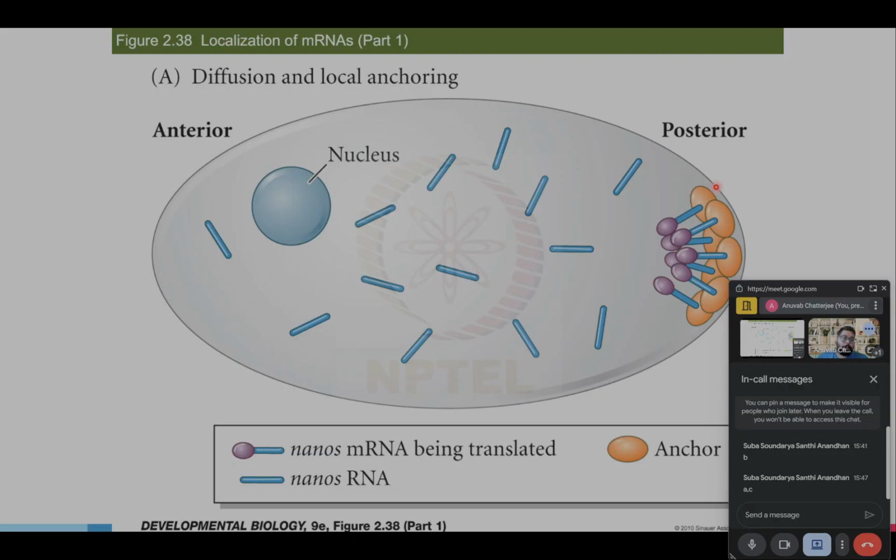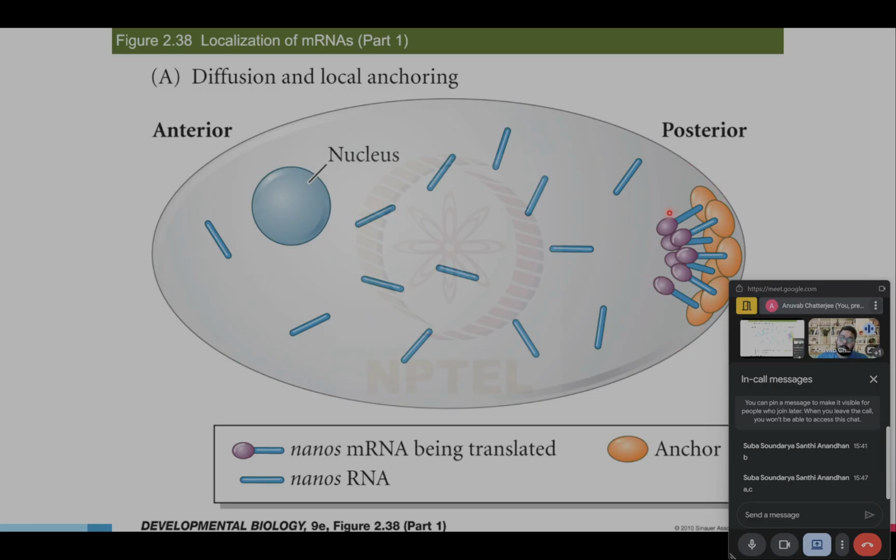But Oskar is another mRNA which is deposited by the nurse cells. It hitches a ride on the cytoskeleton network in the entire oocyte and is first concentrated at the posterior end. Next, what Oskar does is catch hold of all the different nanos that is floating around and concentrate it at the posterior.